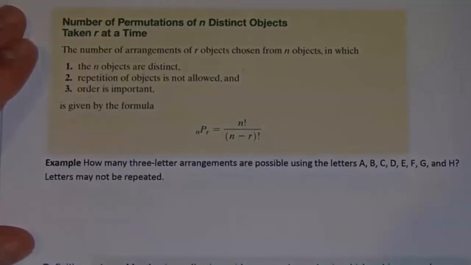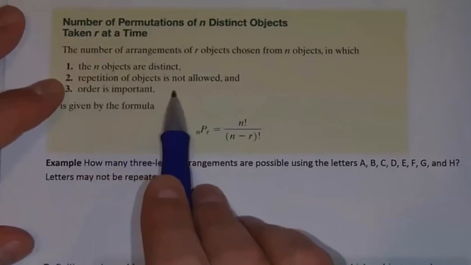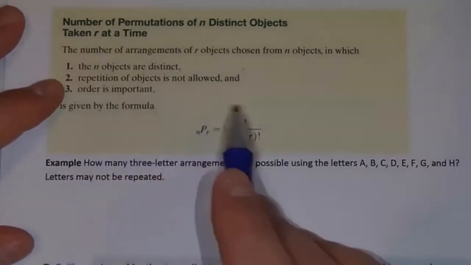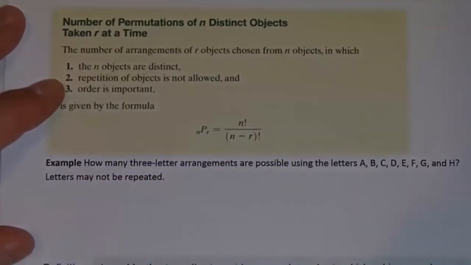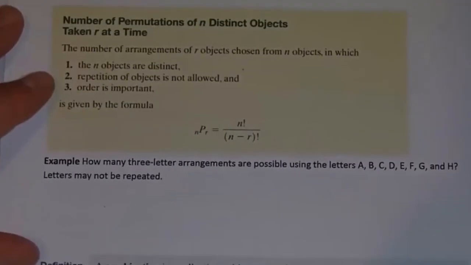The 8 songs on the iPhone are distinct too. So that is a condition. 2, repetition of objects is not allowed. You can't have the same individual twice. The person can't be chair and secretary both. The same song's not allowed to play twice on the iPhone until all 8 have played.